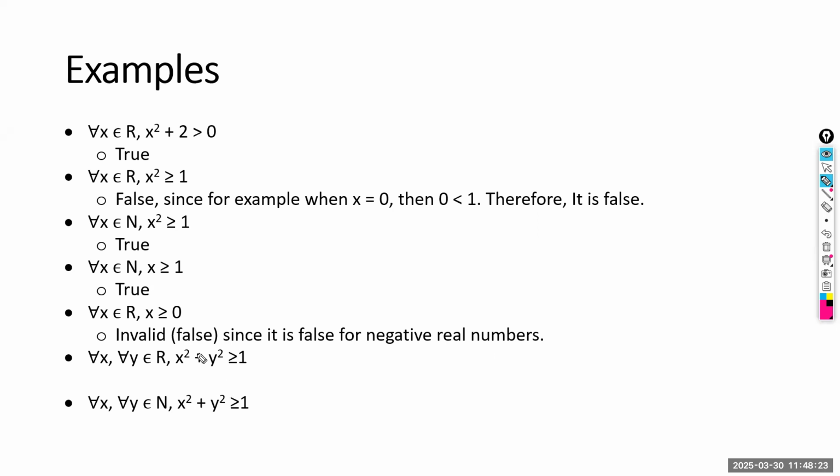True or false? If false, you need to give me an example, a scenario where this is violated. If you take something like x equals 0, y equals 0, which are both real numbers, obviously 0 is not greater than or equal to 1. So that is good enough to say that this is false. Of course, there are other fractions like 0.1 and 0.1, which when you square and add them, it's not greater than or equal to 1.